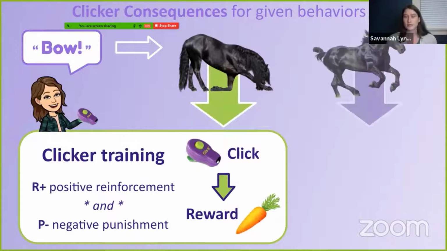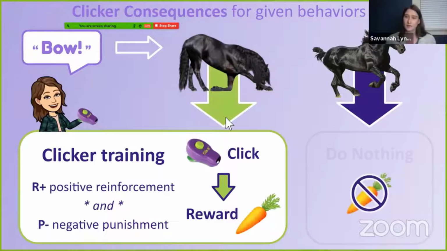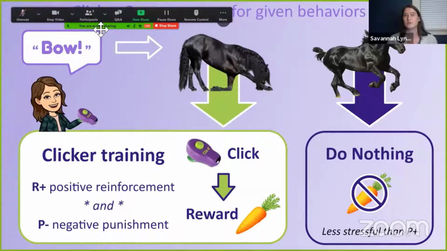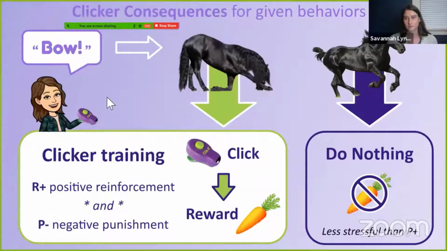If the horse doesn't bow and it decides to run away, we're going to display negative punishment. In this case, I'm not going to click the clicker, and I'm not going to give a reward. This has been proven to be less stressful than positive punishment and has been proven by multitudes of studies to be the most effective way of training for animals.